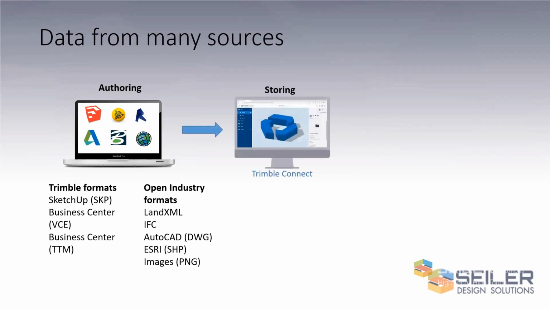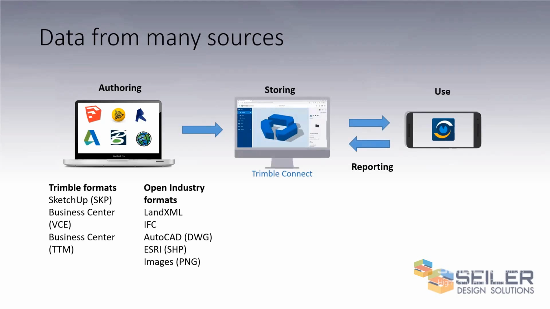And then this goes all up into Trimble Connect. So Trimble Connect acts as the warehouse and the cloud storing and processing for the data. This then gets read into the SiteVision application. And then any kind of measurements or reporting that you do from the application gets reported back to Trimble Connect.